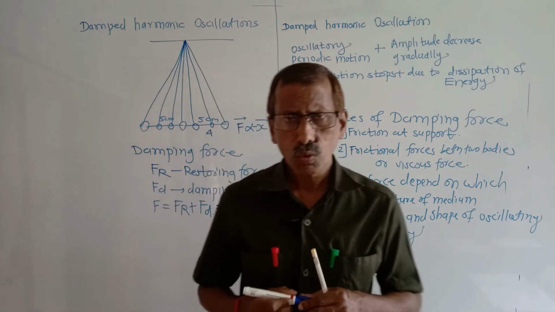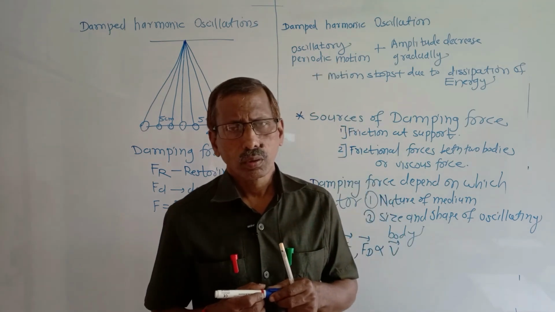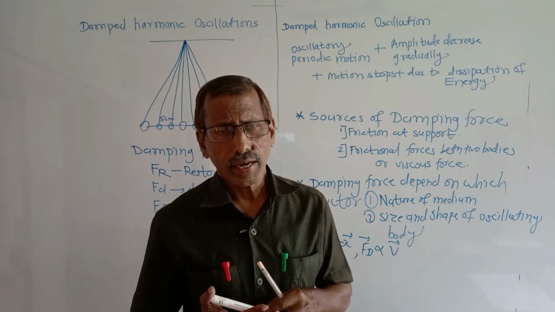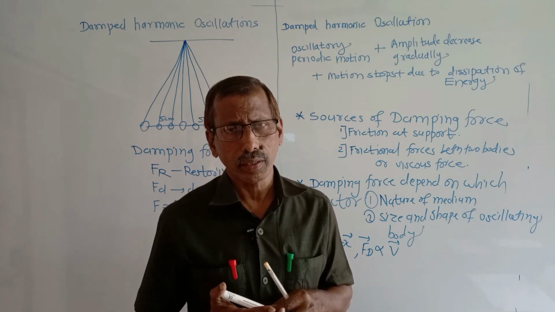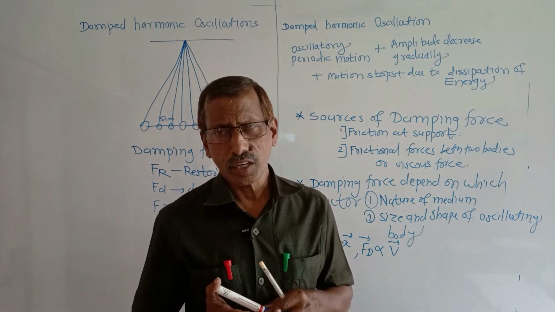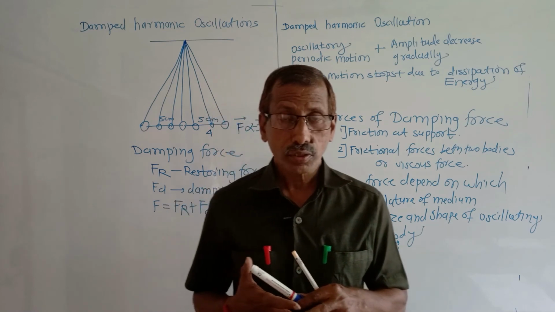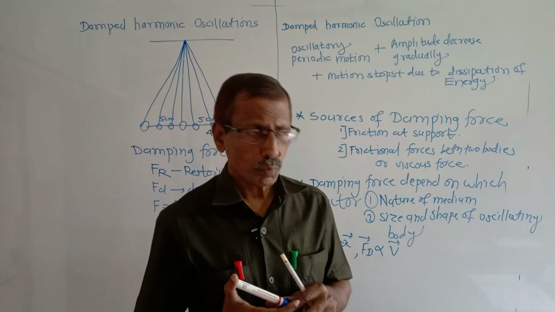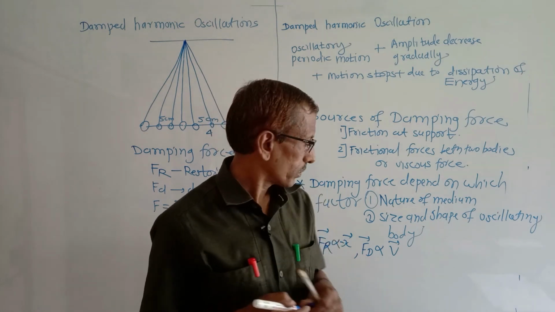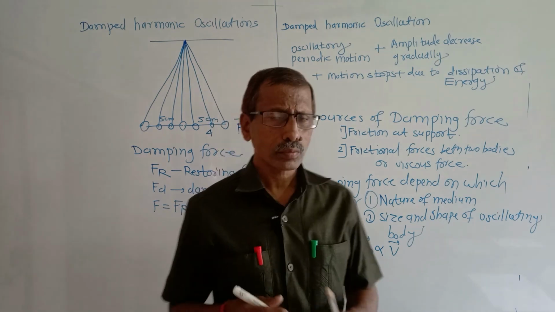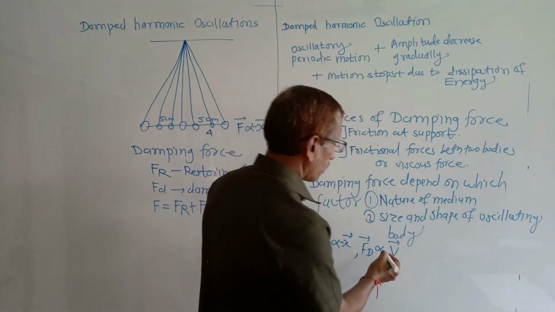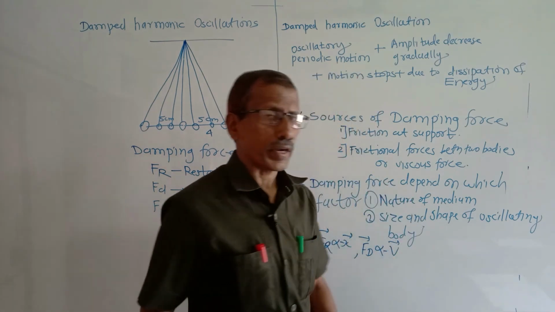So when we go by a vehicle on the road, we move in the forward direction and the frictional force opposes the motion of the vehicle. So from this we conclude that the damping force is opposite to the velocity of the body.